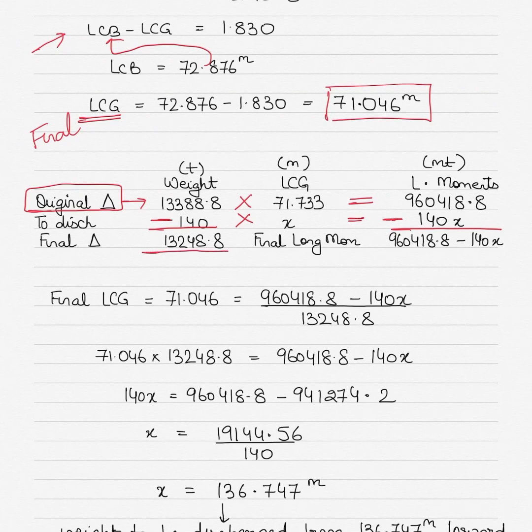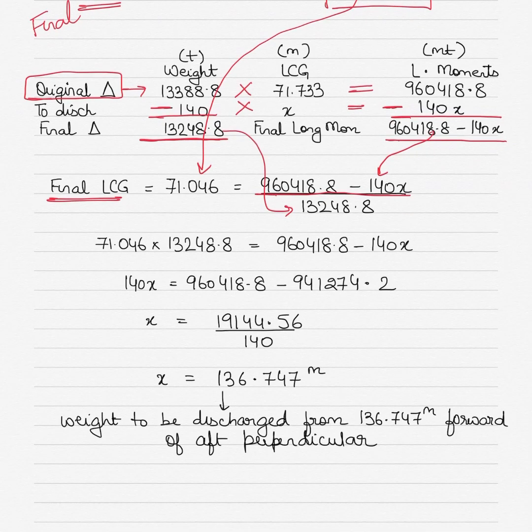So after discharging, your displacement is 13248.8, which you know already, and your final longitudinal moment is 96041.418.8 minus 140x. Now your final LCG, which is already calculated above, is also equal to the final longitudinal moment divided by the final displacement.